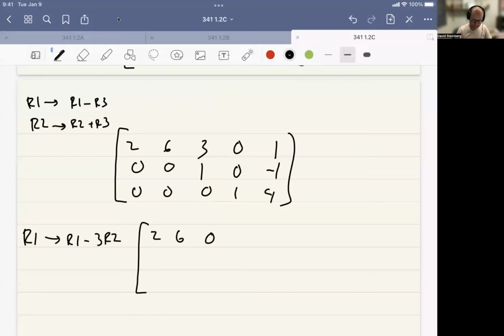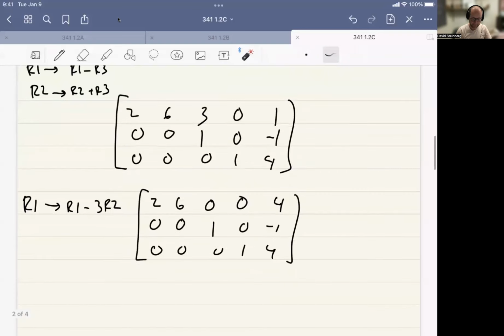This is the only entry we need to think about: 1 minus 3 times -1, that's 1 plus 3, which is 4. Okay, so now we've cleared off above the second rightmost pivot. All we need to do now is scale this first row and we're all set.